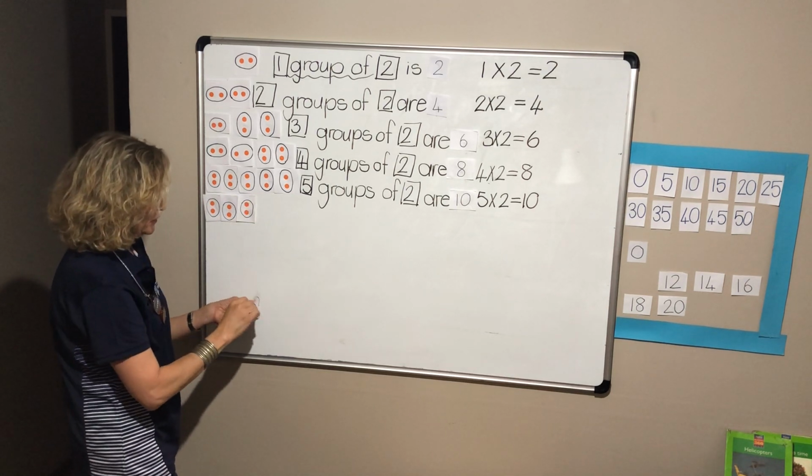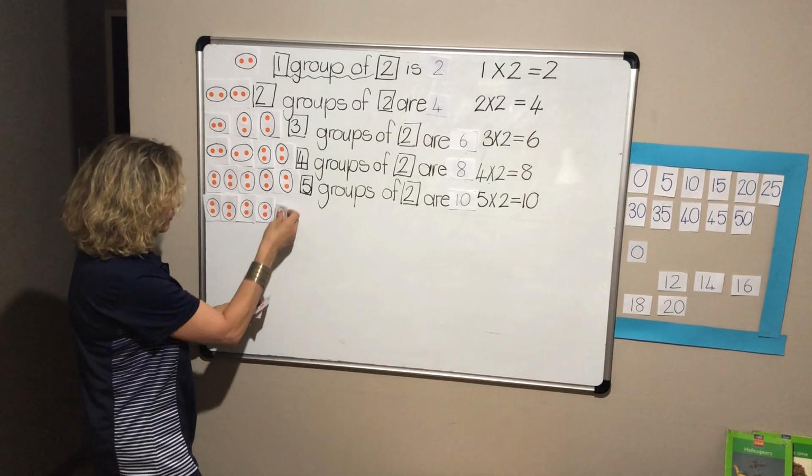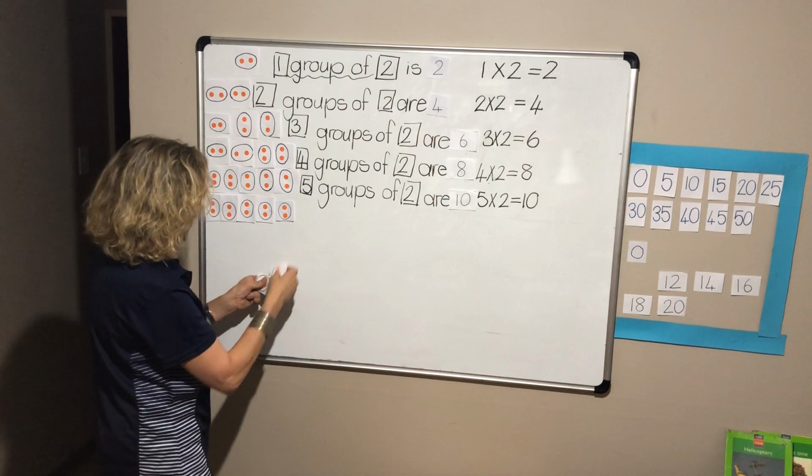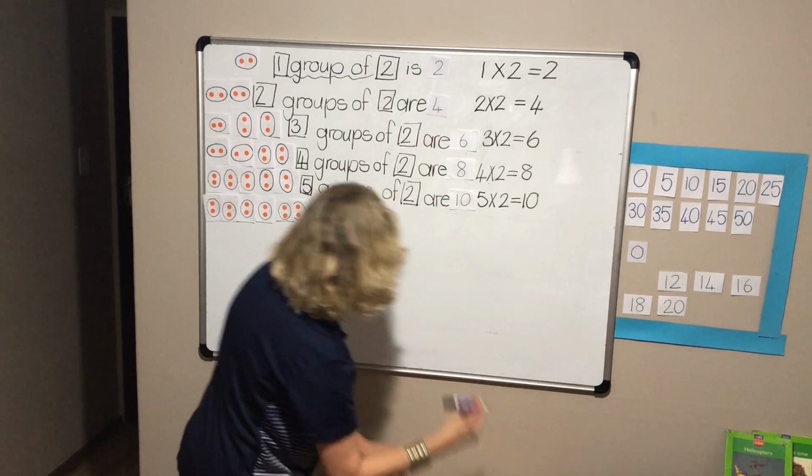Alright, so let's continue to build up. 1, 2, 3, 4, 5, 6. And there we have our 6 groups of 2.